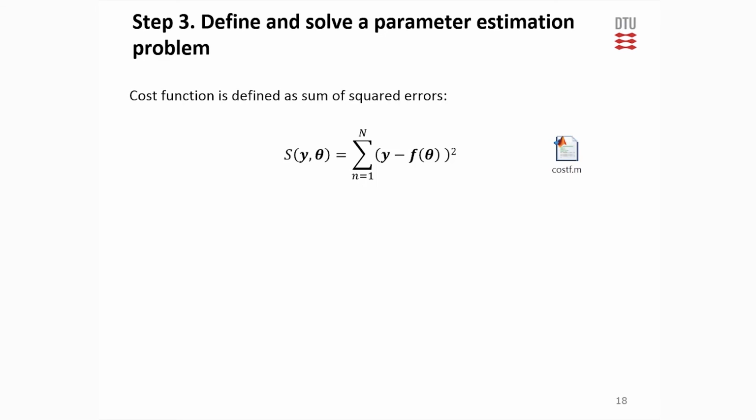Since we have assumed that the measurement errors follow a Gaussian normal curve with known variance that is constant and does not change during the test, this simplification will not alter the solution. This objective function is formulated in the costf.m MATLAB script function.